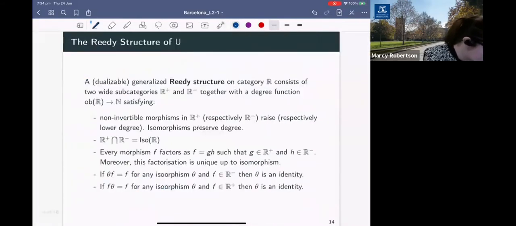So I have this definition here. I don't expect you to absorb this full definition on the slide. It's here for consistency or completion, I guess. So a generalized Reedy category, this is in a paper of Berger and Moerdijk.